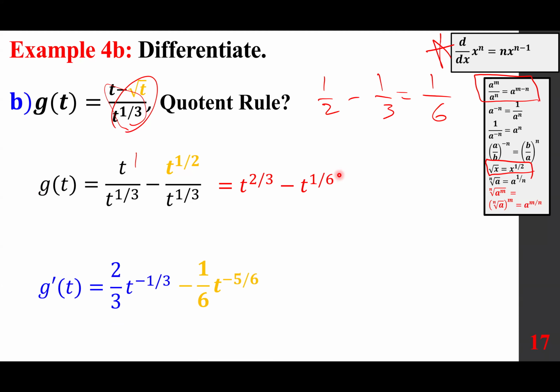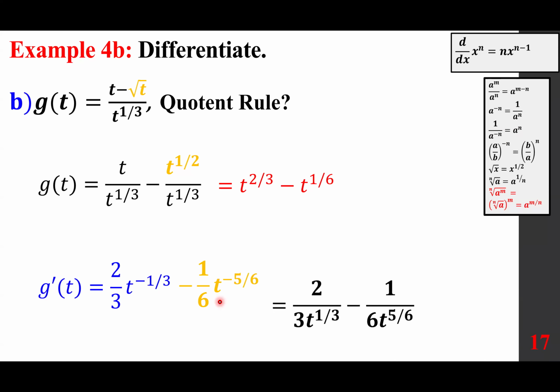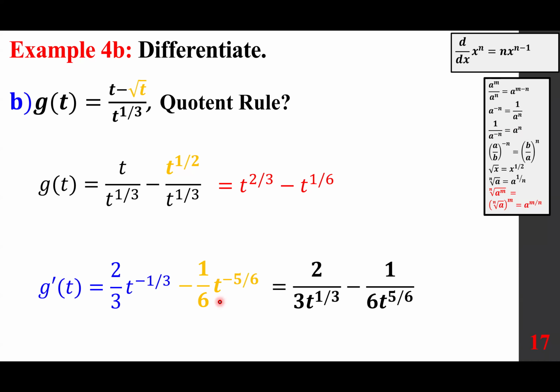And so each one has a negative exponent. And as you can see with the negative exponential rules, just move it and they become positive. So you move this down, t to the power of positive 1/3, you move this down, t to the power of positive 5/6. It's very straightforward, everybody.